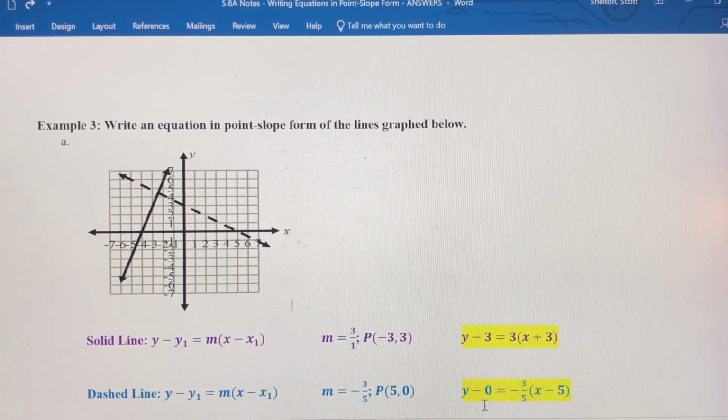It's just going to be y minus 0 equals negative 3/5 times x minus 5. Again, generally we would get rid of this y minus 0 and just call that y. But in point slope form, that 0 really is necessary because it tells us one of the y coordinates for one of the points on the line. Okay, so that's how you write the equation in point slope form when you're given a graph.